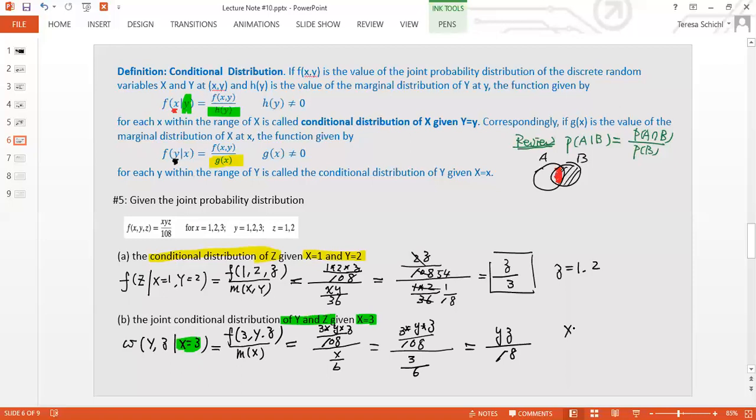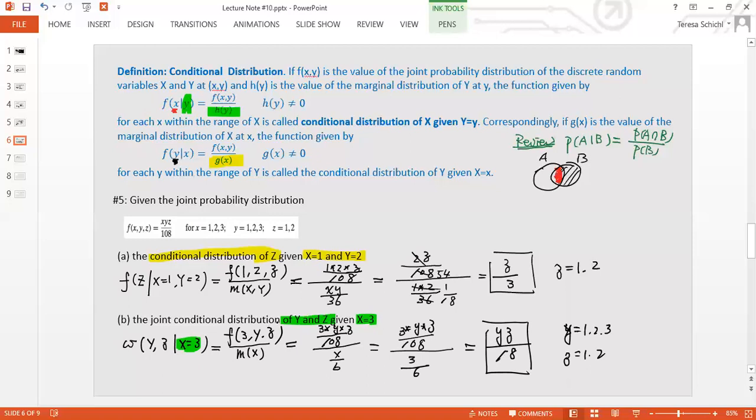So this is for x equals 1, 2, 3, y equals 1, 2, 3, and z equals 1, 2, right? So this is the conditional distribution of y and z. See here, because it is for y and z, given that x equals 3, x is not there. Clear? Okay, so that's good.